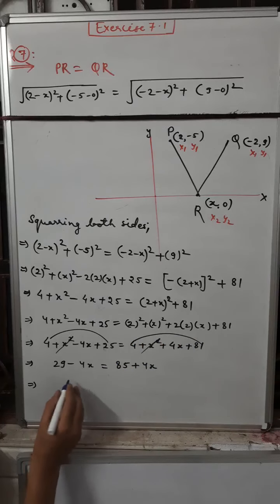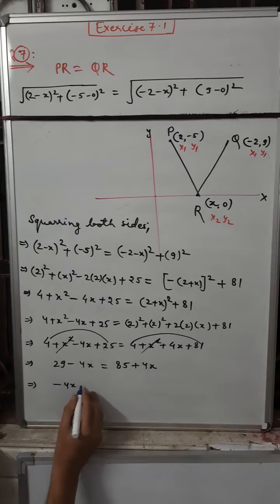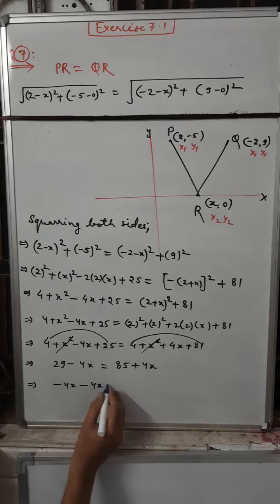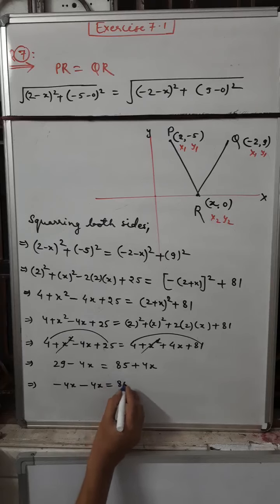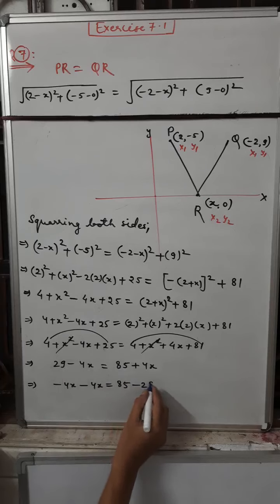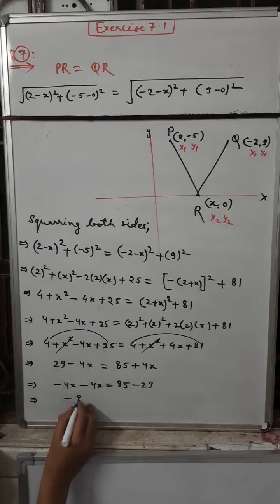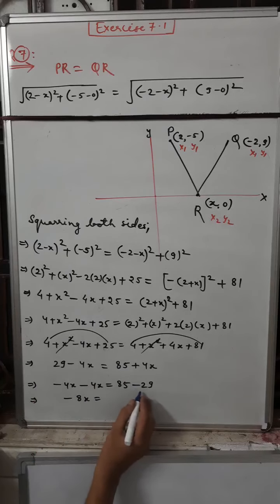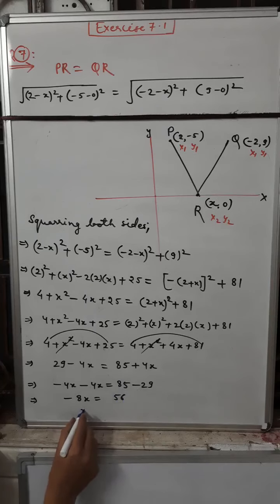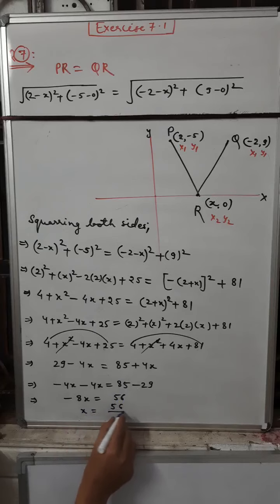Now transfer plus 4x to the left hand side, it becomes minus 4x. So minus 4x minus 4x is minus 8x, and 85 minus 29 is 56. So x is equal to 56 upon minus 8, and 8 sevens are 56.